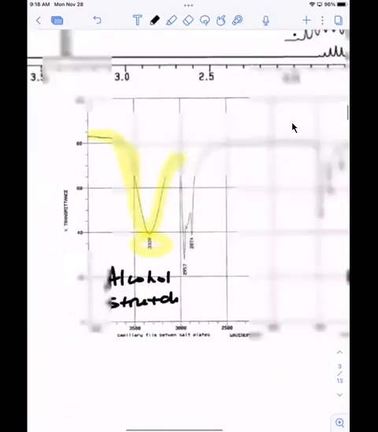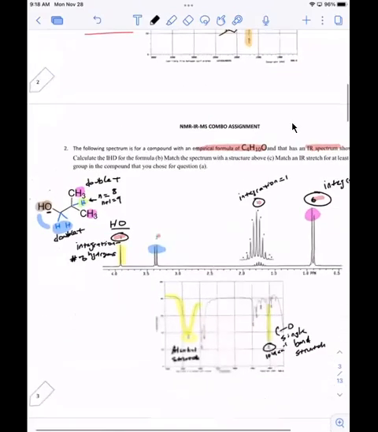And over here, that's your alcohol stretch. Because one of the parts of the question asked to pick 2 infrared stretches to match functional groups that are present.